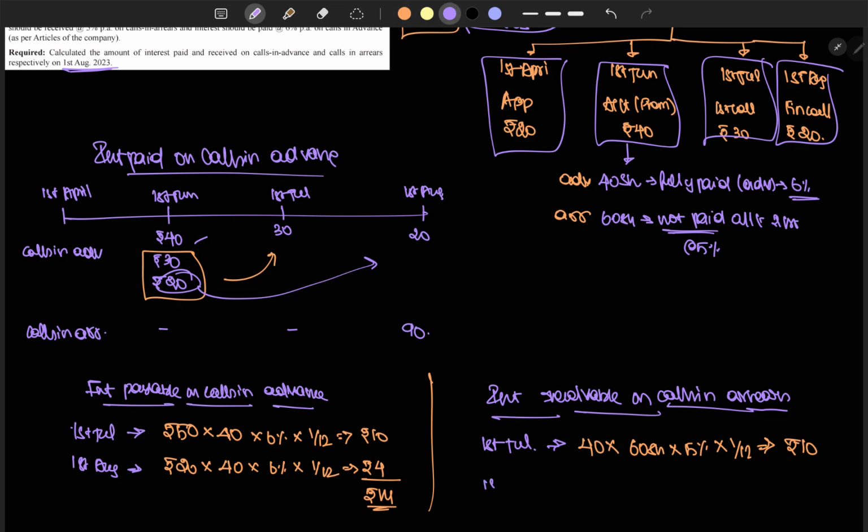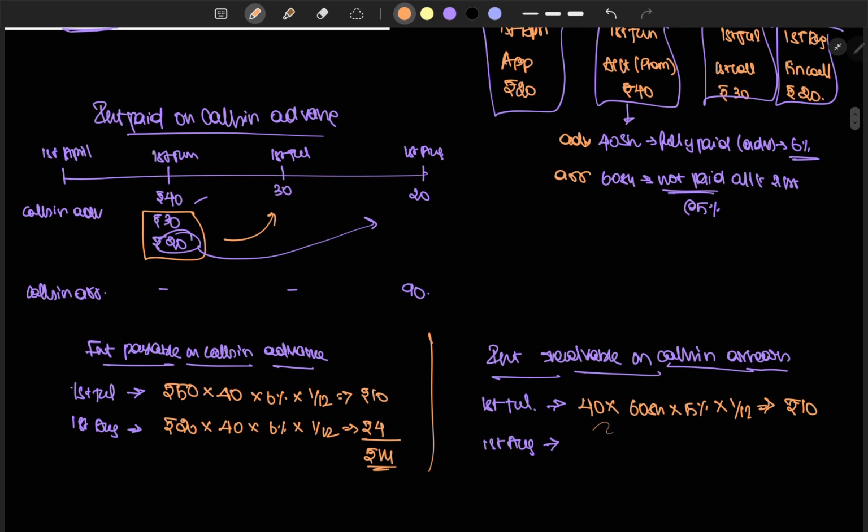On 1st August, what could be the interest receivable to the company? So as usual, the 40 and 30 amount was not received, right?